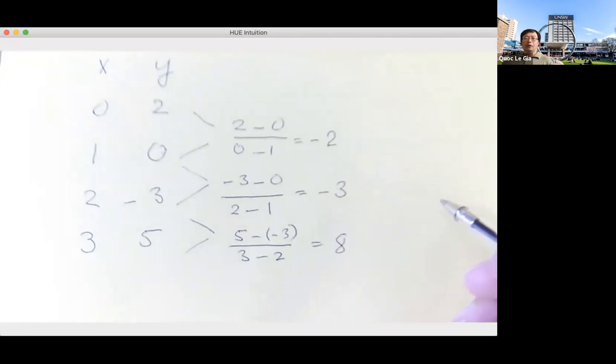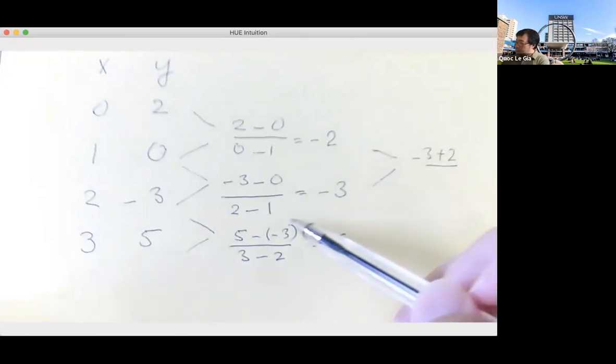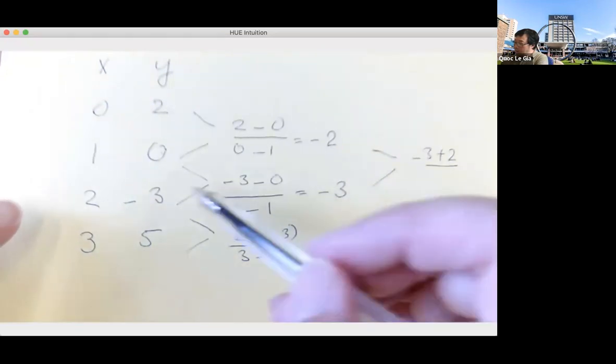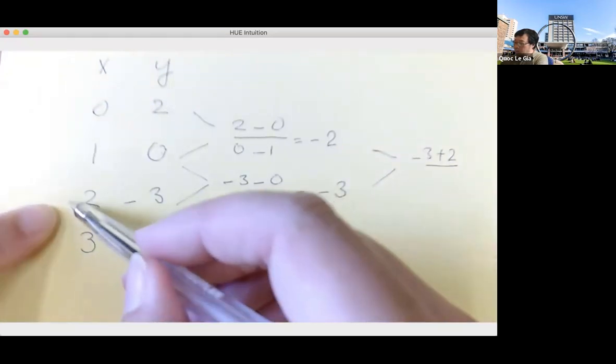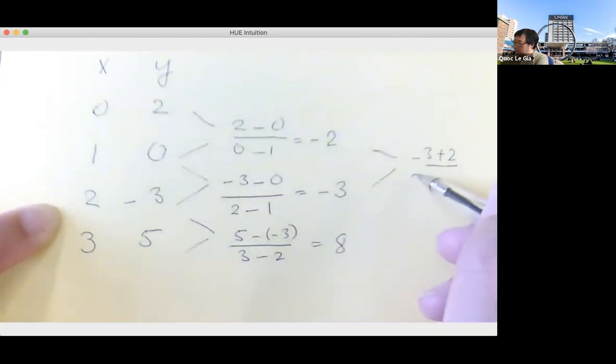And then I do the next. So the next one is I take minus 3 minus 2, so it becomes plus 2. And divided by, okay, so now it's a bit tricky here. You have to take 2 minus 0.